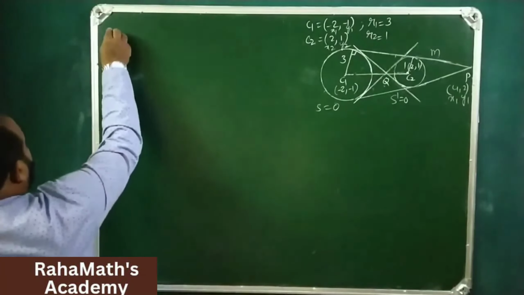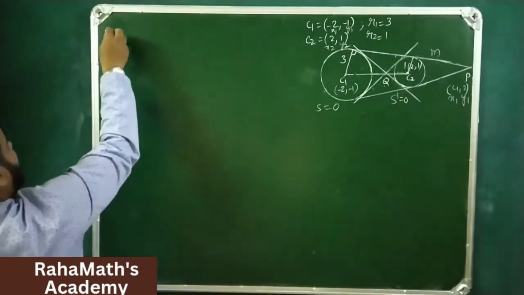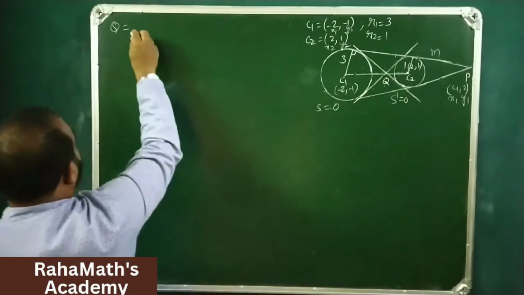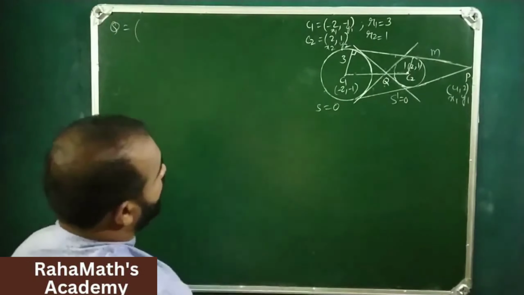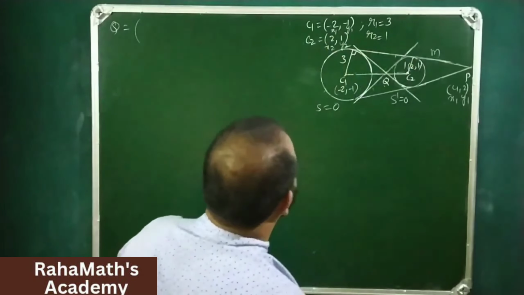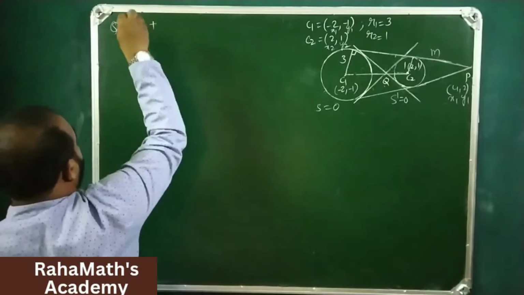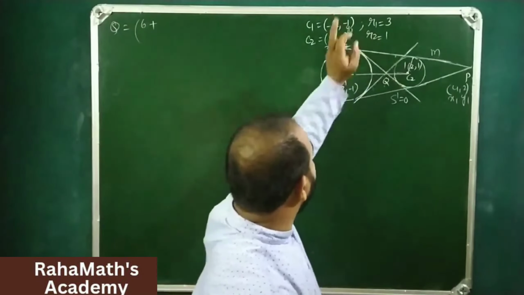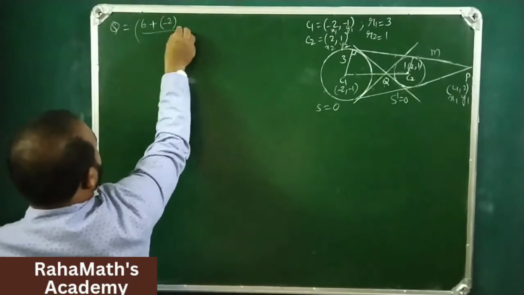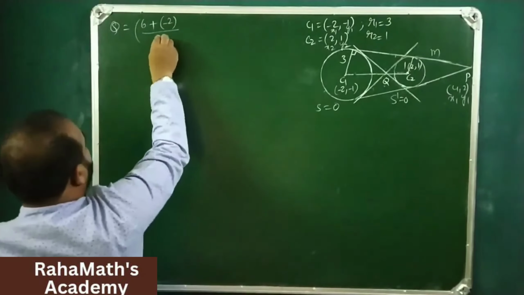So let Q, already we have taken, therefore Q is equal to what? The internal center of similitude: (R1 x2 plus R2 x1) by (R1 plus R2). R1 x2 is 3 into 2, 6, plus R2 x1, 1 into minus 2, by R1 plus R2, 3 plus 1, 4.